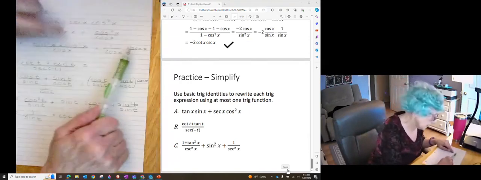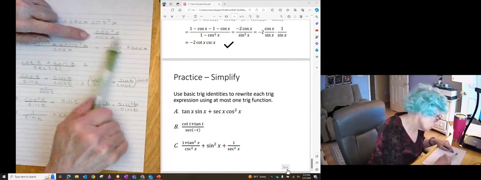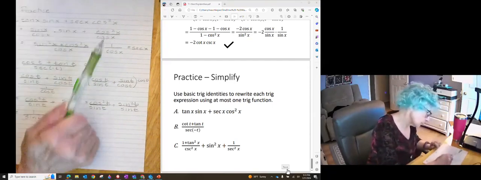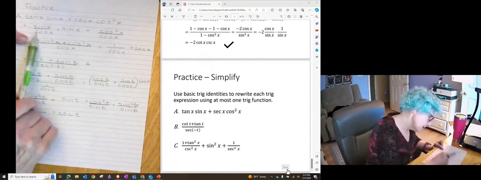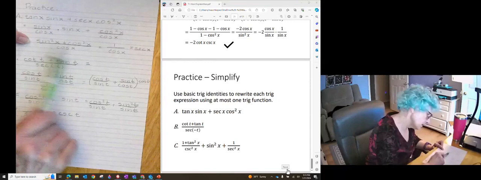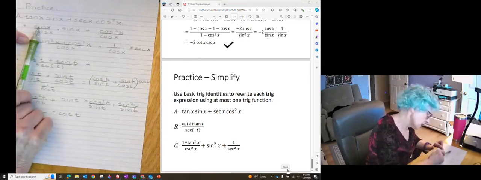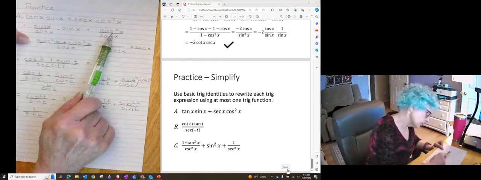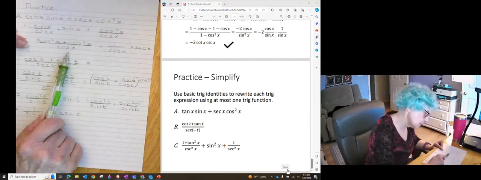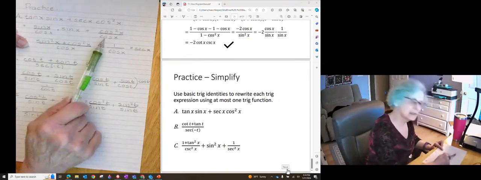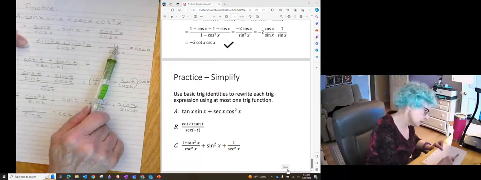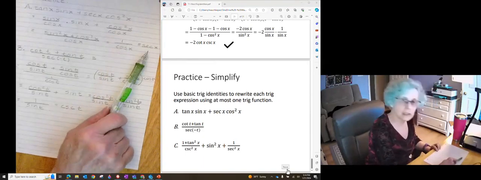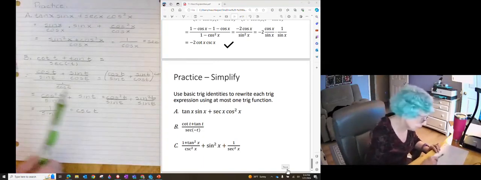Well, I can cancel the cosine squared with one of those, and actually what I did was combine them into one unit. I have sine times sine is sine squared plus cosine squared over cosine. I already had a least common denominator. Sine squared plus cosine squared is 1. 1 over cosine is secant.